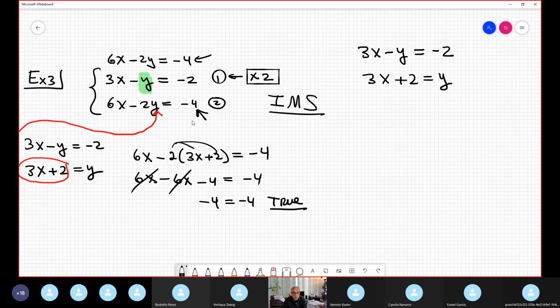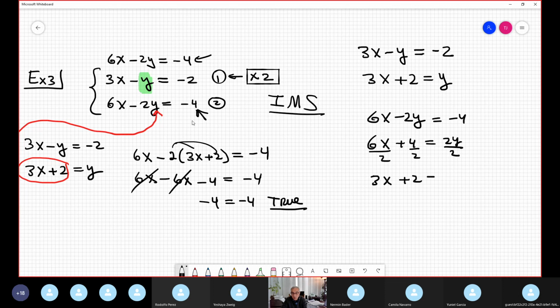And you take equation 2 and you do exactly the same or similar. 6x minus 2y equal negative 4. And you solve for y: 6x plus 4 equal 2y, divided by 2, because you want to isolate the y, is 3x plus 2 equal y. Wow, you see it's the same? This and this is the same line.